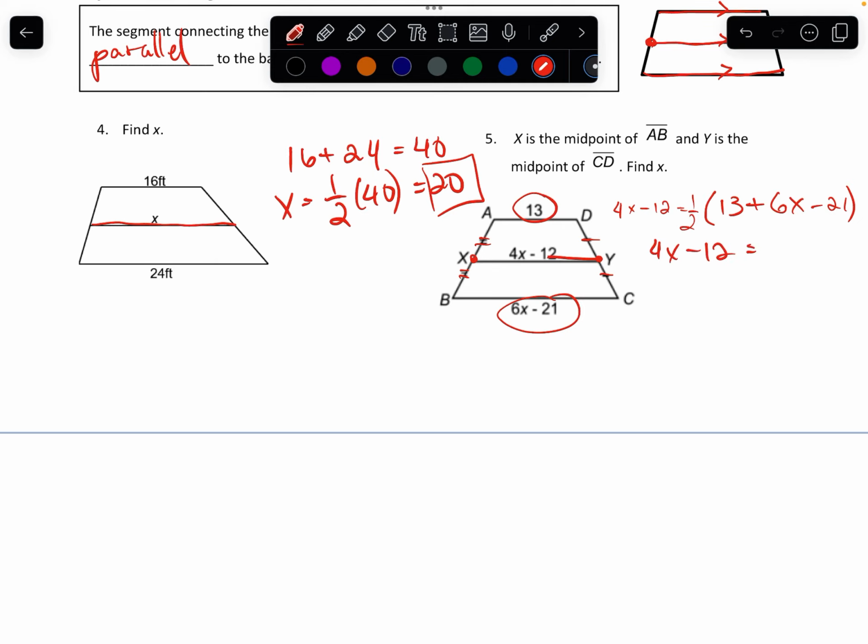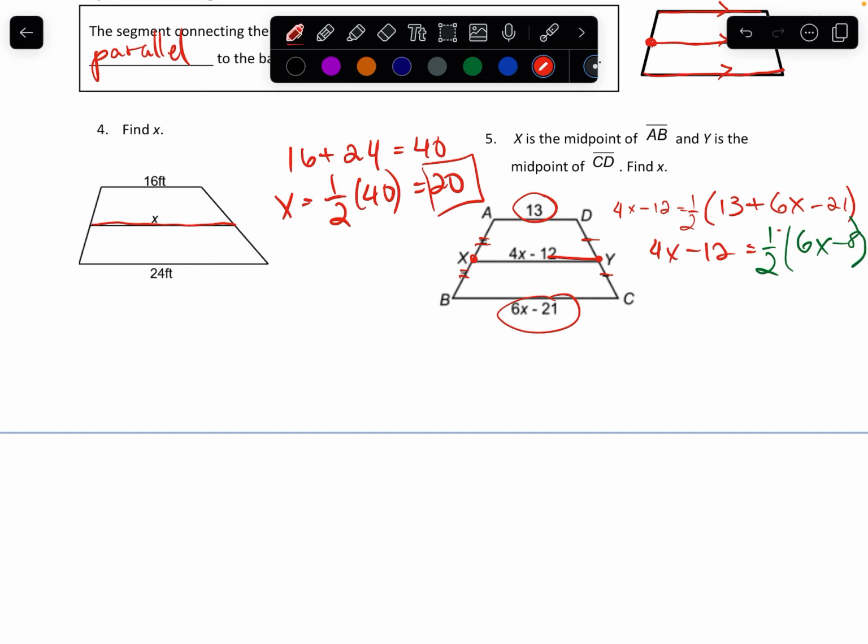Now let's simplify that. So this is still 4x minus 12, and this is equal to, I could simplify first. 1/2, and let's see, 13 minus 21, that is negative 8. So that's going to be 6x minus 8.